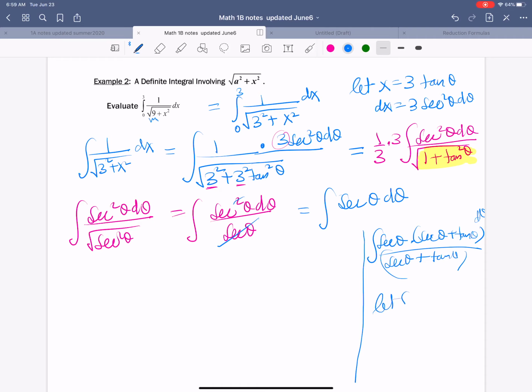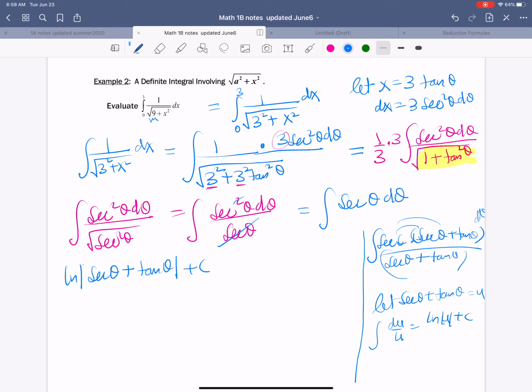Now we can let secant theta plus tangent theta be the u, and we have the derivative sitting on the top when I distribute the secant theta here. So I'm going to have the derivative du over u, which turns out to be natural log of u plus c. And that's how the integral of secant theta is natural log of secant theta plus tangent theta plus c.